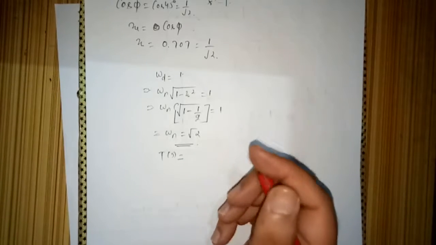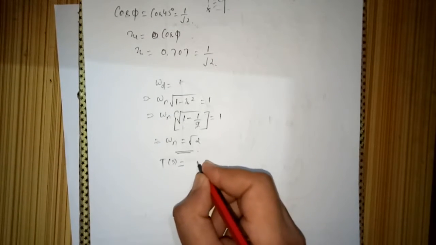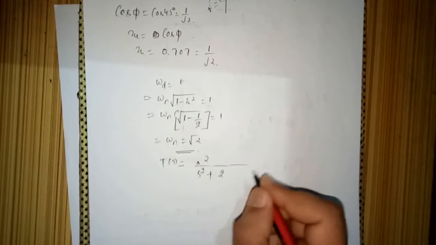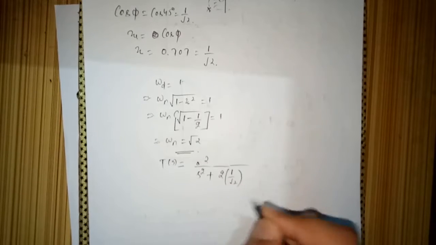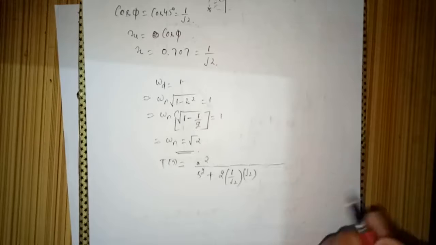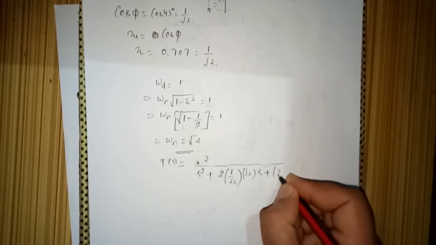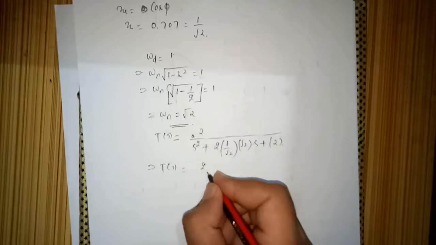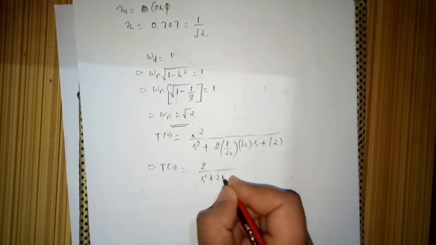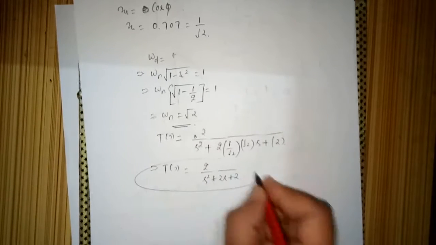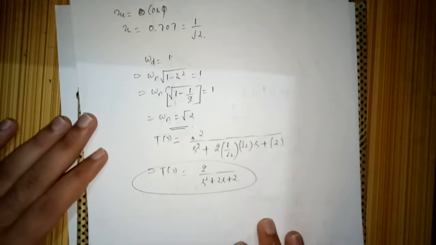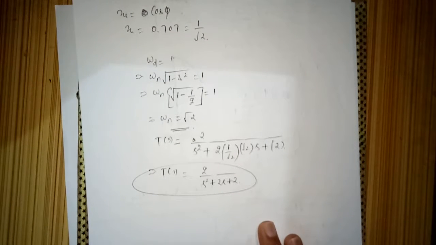Transfer function I can write as 2 divided by s square plus 2 zeta omega n s plus omega n square, where zeta is 1 by root 2 and omega n is root 2. That is, transfer function is equal to 2 by s square plus 2s plus 2. That is my general transfer function, right? So that completes our discussion of this question.